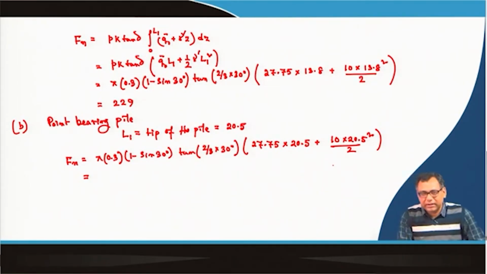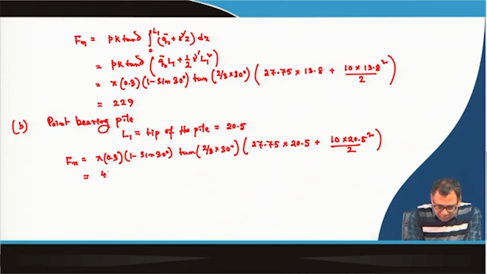Whether we consider it or not is not mandatory, because we do not need to calculate L1. We have directly determined L1, and we consider L1 as the tip. So that is not an important thing here. We can directly put this L1 in the equation of Fn and we will get the value.